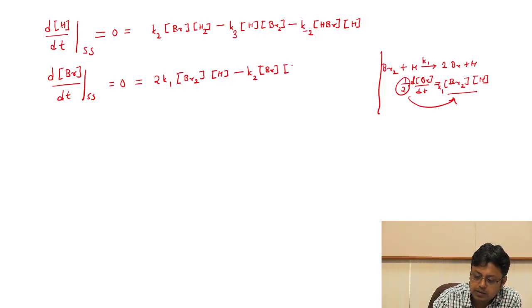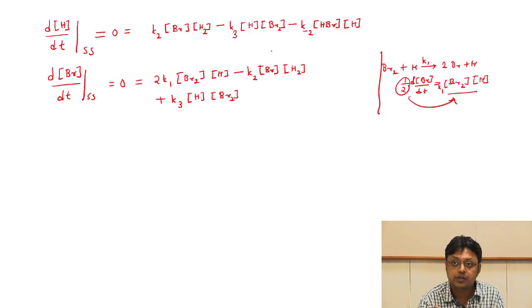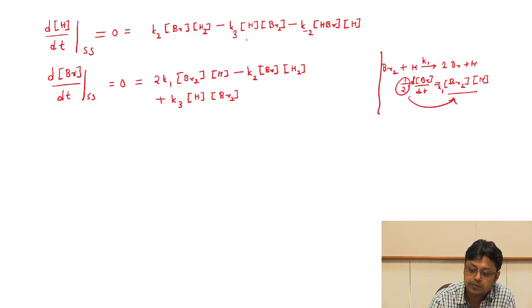Reaction number 3, it is again regenerated, which is K3 into H into Br2. I'm just following the hydrogen formation reaction. Wherever hydrogen radical is generated, bromine radical is consumed, and vice versa. And then you have a fourth step, where hydrogen and hydrogen bromide react. So bromine must be formed there, so it will be plus K minus 2 into HBr into H.